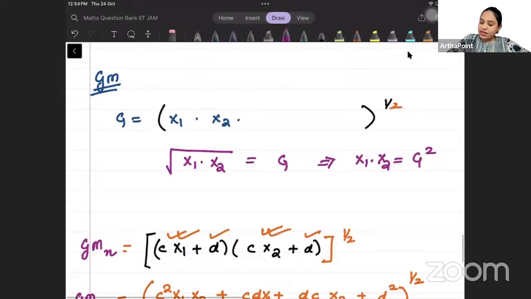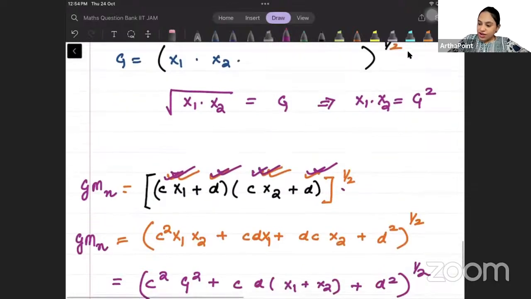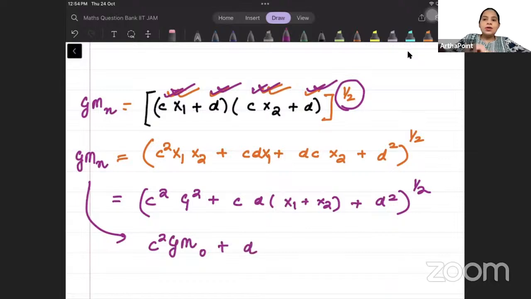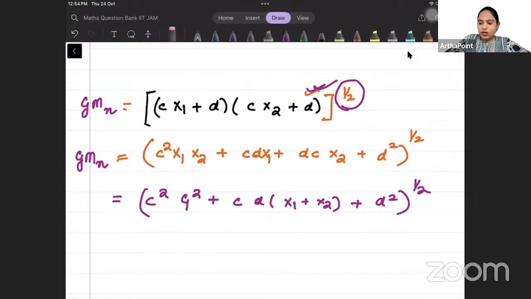But here, when I find the under root of that, I am not able to get it in the format that each observation will be scaled and then you will get the old GM and then there will be some addition of the origin. So it is of a very different format. I am not able to get that format here.